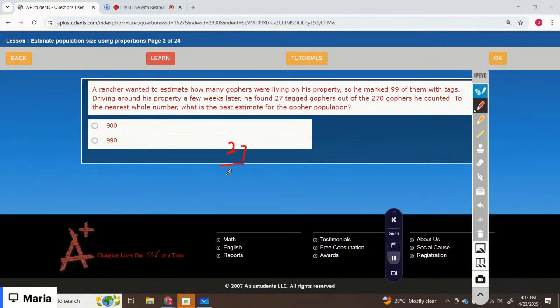Twenty-seven tagged out of 270. Tag 90, you need to calculate the population.